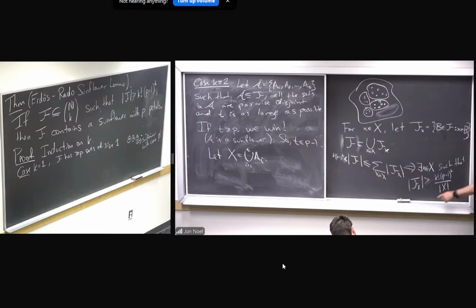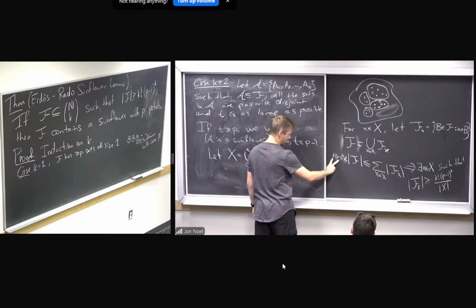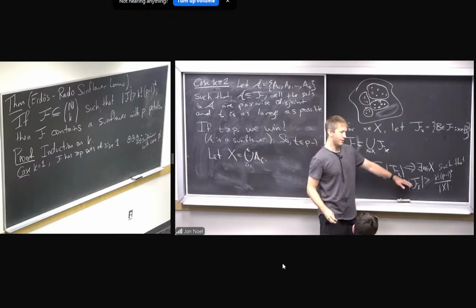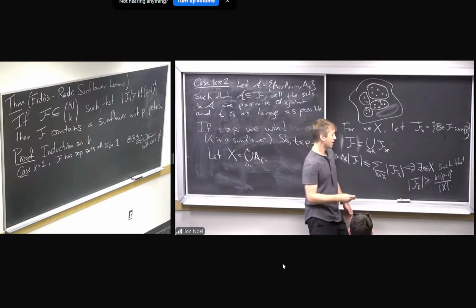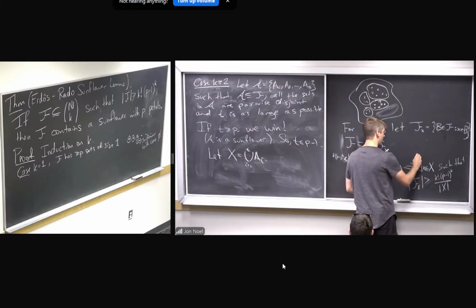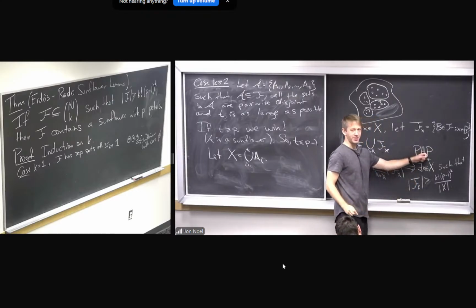Because I'm summing up size of X many things that add up to more than k factorial times p minus 1 to the k. So one of them must be bigger than the average size. So this is by PHP, the pigeonhole principle, right?